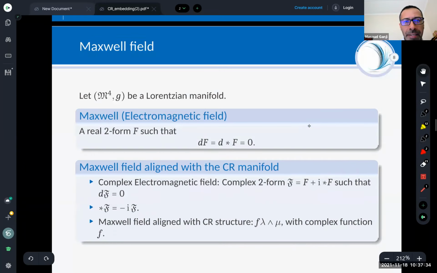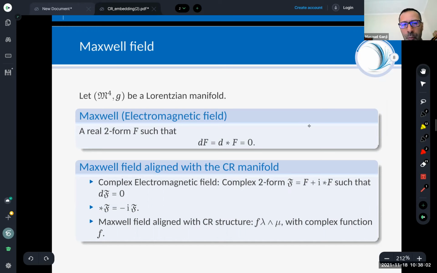So officially, the Maxwell field or electromagnetic field is defined in this way: a real two form F, where dF is zero and d of the Hodge star of F is zero. We are in 4 dimensions, so the Hodge star of a real two form gives us another two form. So we have some definitions here.